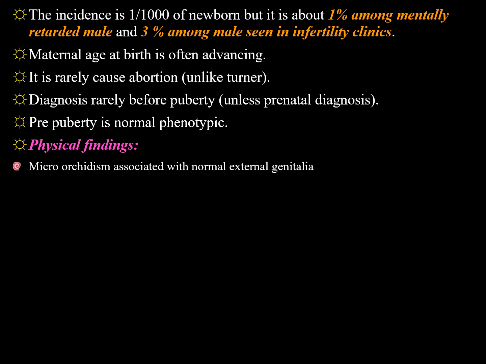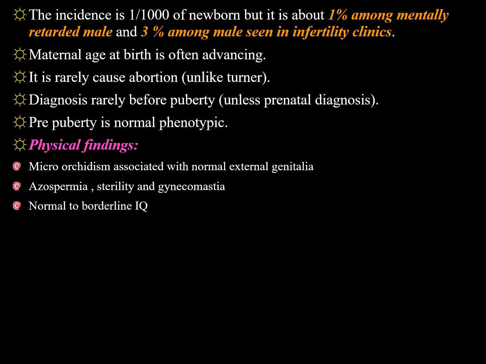Physical findings include microorchidism with normal external genitalia. The testicles are small. They also have azoospermia, sterility and gynecomastia. That is why it is more common in the fertility clinic. Normal to borderline IQ.